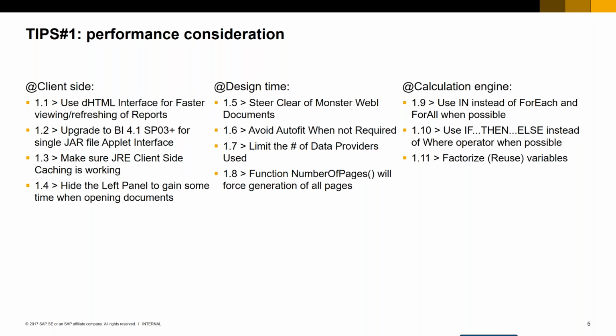It means that if you are a power user, if you spend a lot of time first creating Webby documents, but also if you have decided to use the Java applet as the default viewer for all your users, we went through different technology and things that have, I would say, decreased the performance of the Java applet at the loading time of the Java applet. So starting BI 4.0, we introduced a new architecture for the Java interface, the Java applet interface that you call also the Java report panel or the Java viewer.